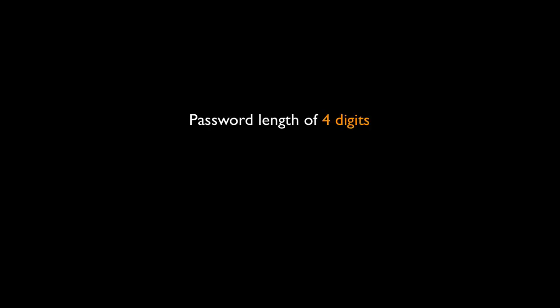Another example is when we use a keypad that has only 10 digits, that is 0 to 9. If we use 4 characters, as we usually do for our passwords in a padlock keypad, that is 10 to the power of 4, which is 10,000.